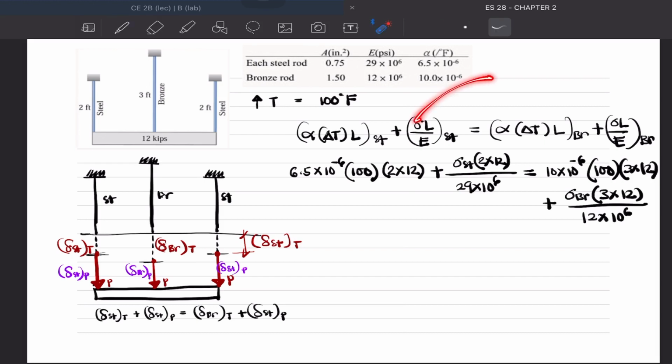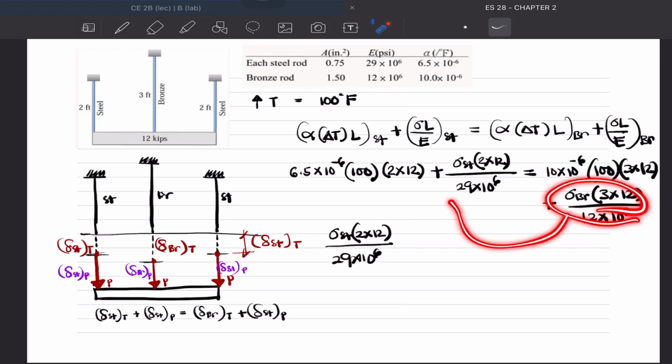Kani siya, pwede gyapon nato siya gamitan og formula nga PL over AE. Ang A kay given man dere na siya, natay area. So pwede gyapon na siya. Or pwede pa nato siya diretso nga stress gid siya kay stress man pag pa nga sa problem. Okay, ito siya simplify. Pod stress steel 2 times 12 over 29 times 10 to the power of 6.